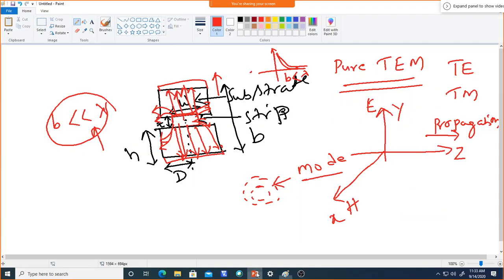This energy is confined around the conductor and within the substrate, and you will have loss in the dielectric substrate and also in the conductor. The conductor loss we call alpha C, and the other is the dielectric loss. Generally the loss in the dielectric is very high compared to the conductor loss.